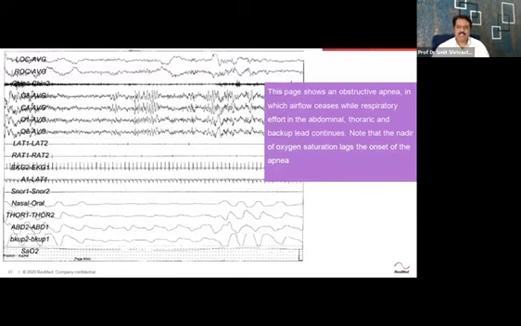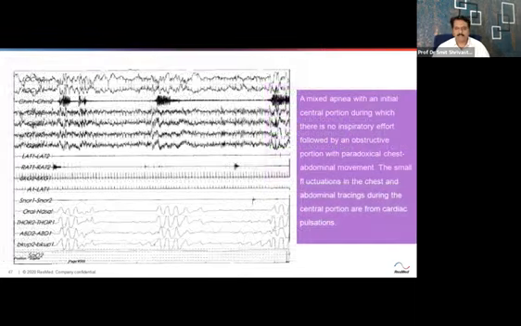In obstructive apnea, the airflow totally ceases, and therefore we see a straight line in the thoracic movement, the nasal flow, or the abdominal movement. Here the saturation comes down, and it correlates well with the loss of movements in the abdominal and thoracic muscles.